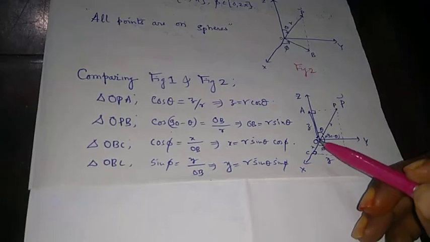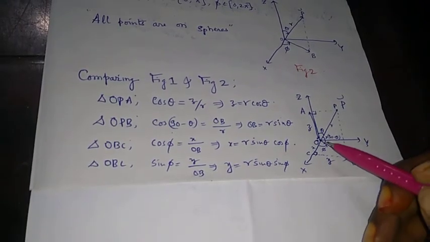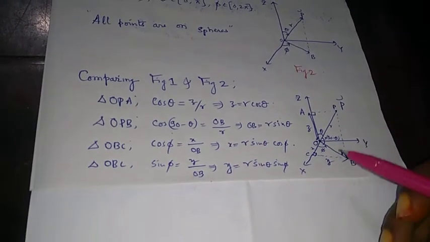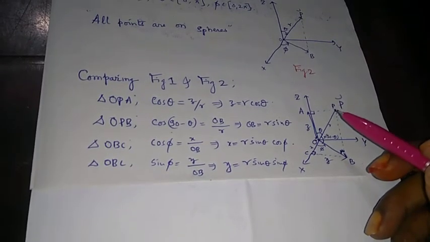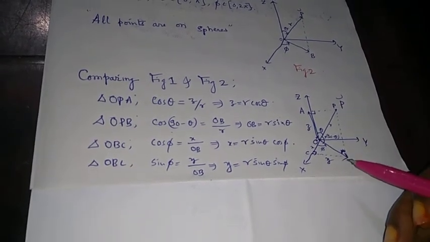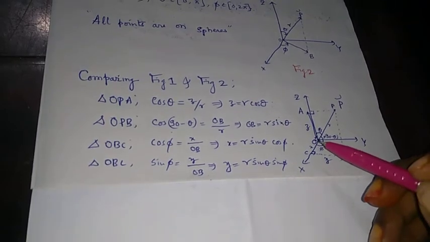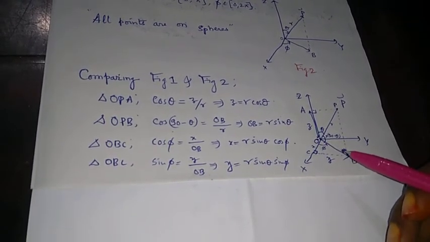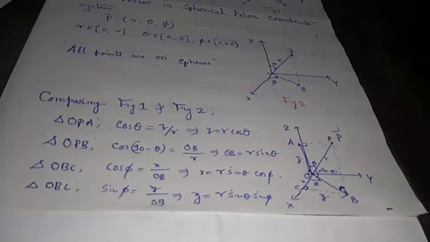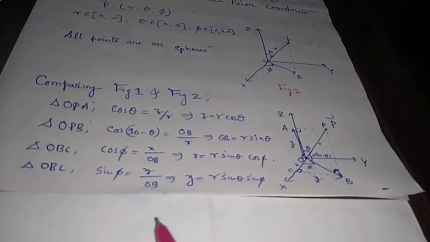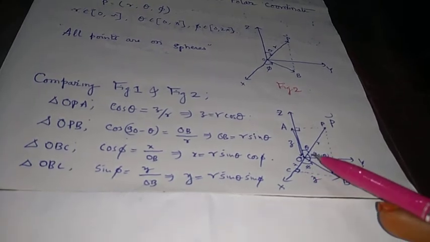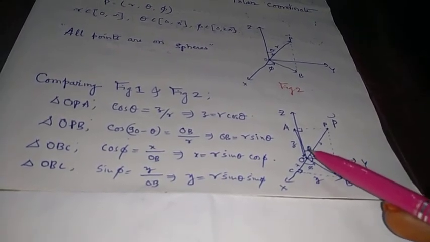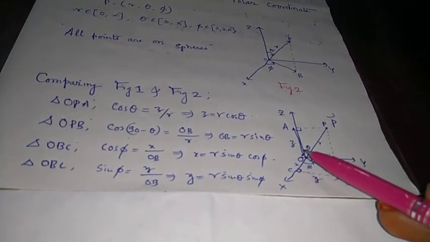In this triangle OPB, it's also a right angle triangle, because the angle between PB and OB is 90 degrees here. If we again consider the cosine, of course here the angle is 90 minus theta, because the angle between here was theta.